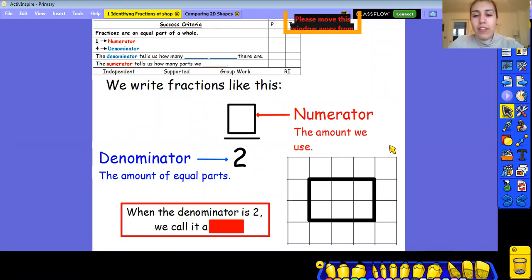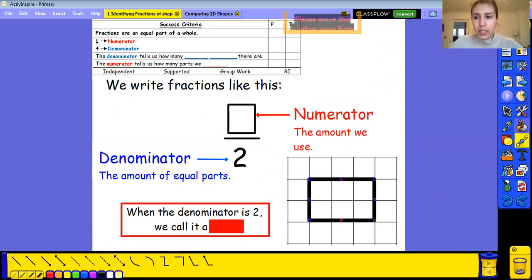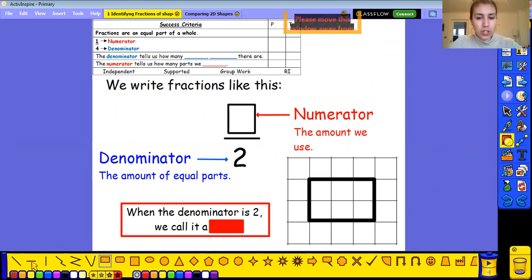So let's have a look at our whole shape here. My denominator is 2. So that means my whole is going to be split equally into 2 equal parts. So I'm going to split it into 2. Oh, let me change that colour. There we go.